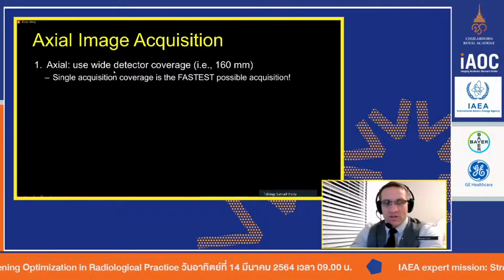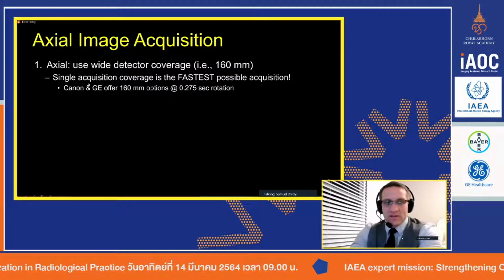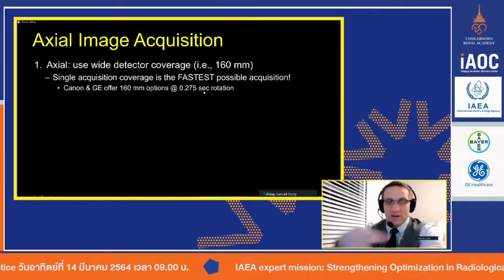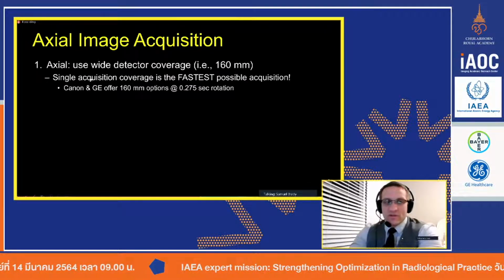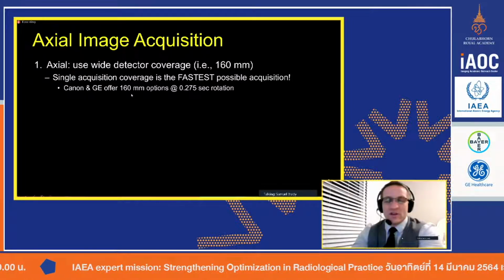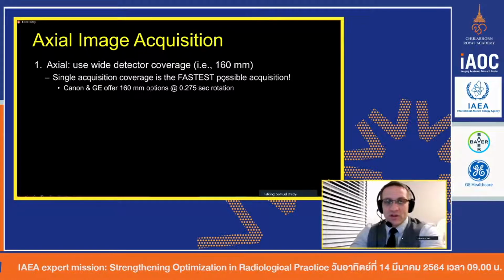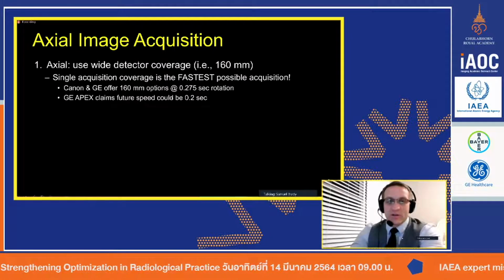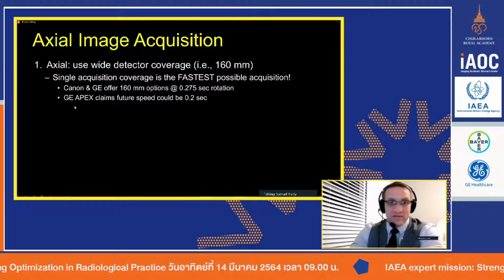Most of these two scanners both currently scan at 0.275 seconds in one full rotation. So if you're using either one of these wide, large coverage scanners, you can acquire the image of the brain in less than half a second, in less than 0.3 seconds, really.